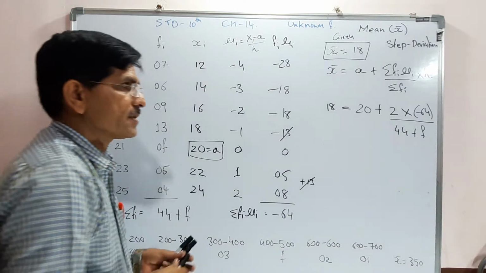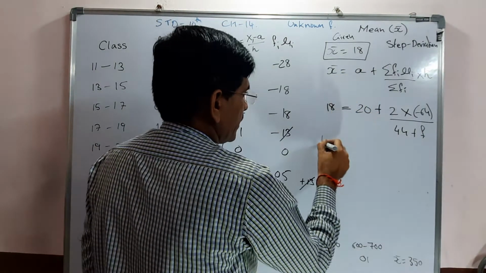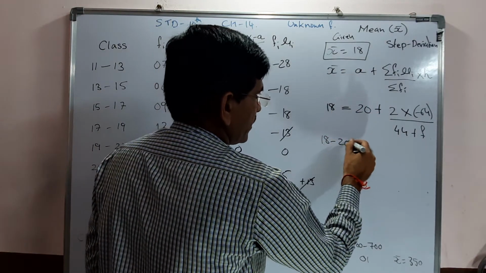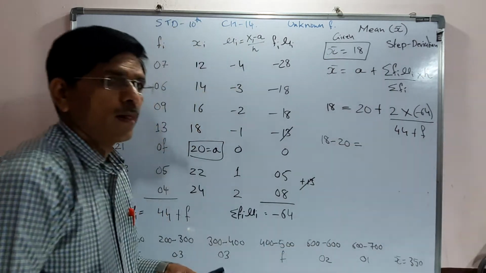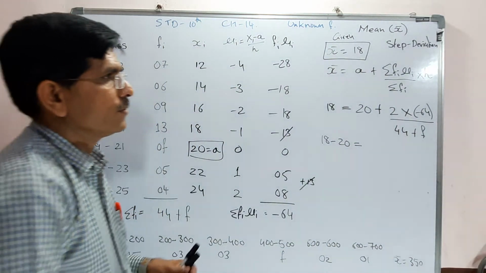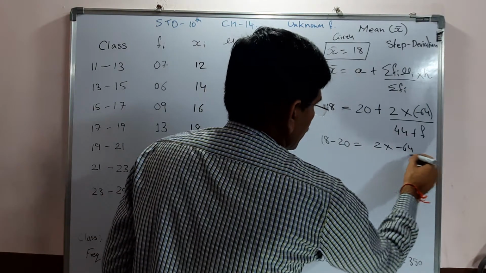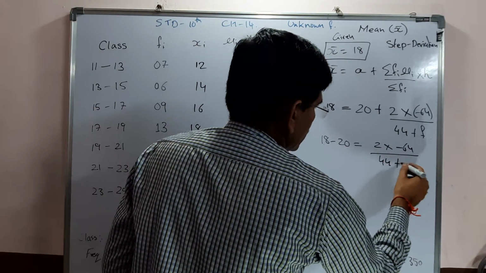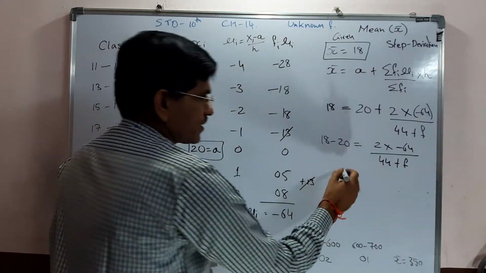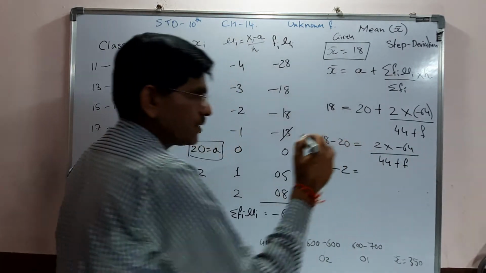So what is the first step? We have to shift this. 18 minus 20 is equal to 2 into minus 64 upon 44 plus f. If you calculate here, it is minus 2.